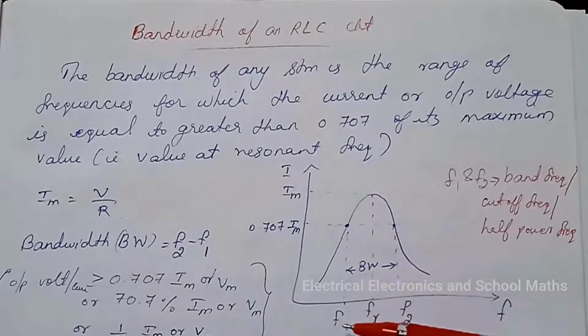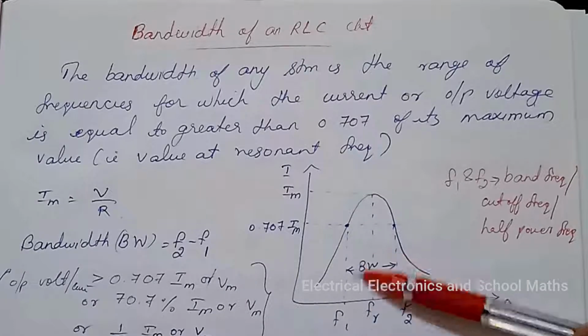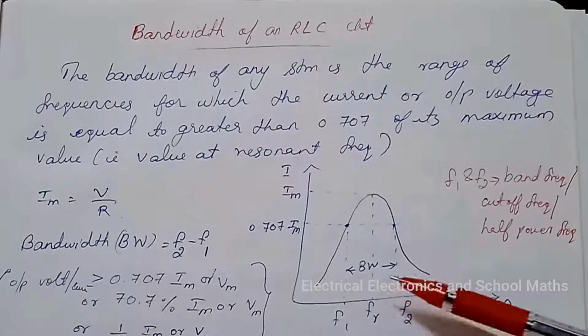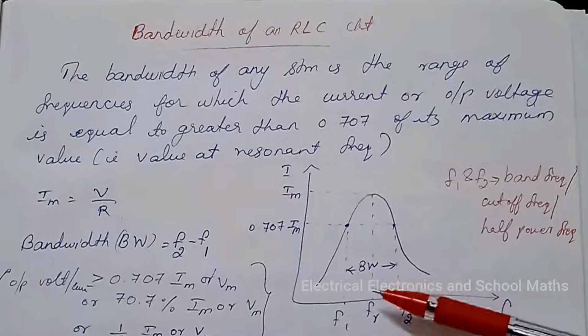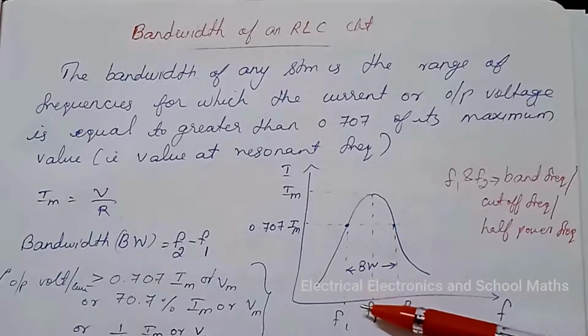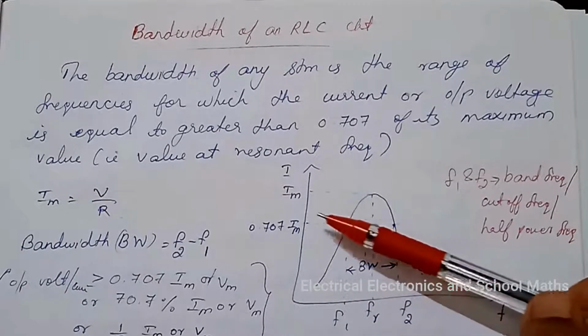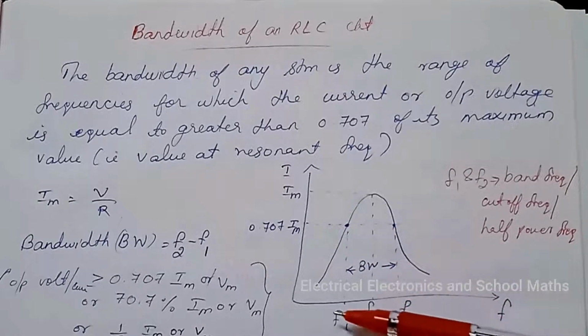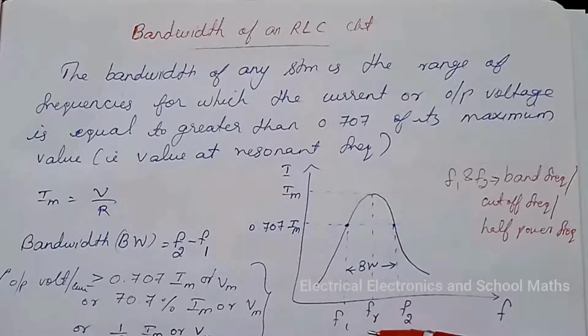That is, there is a definite range of frequencies at which the current is near its maximum value and the impedance is at a minimum. Those frequencies corresponding to 0.707 of the maximum current are called band frequencies or cut-off frequencies or half power frequencies.